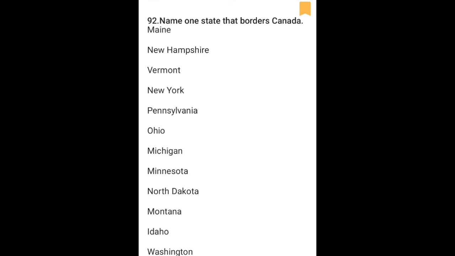Name one state that borders Canada. Maine, New Hampshire, Vermont, New York, Pennsylvania, Ohio, Michigan, Minnesota, North Dakota, Montana, Idaho, Washington.